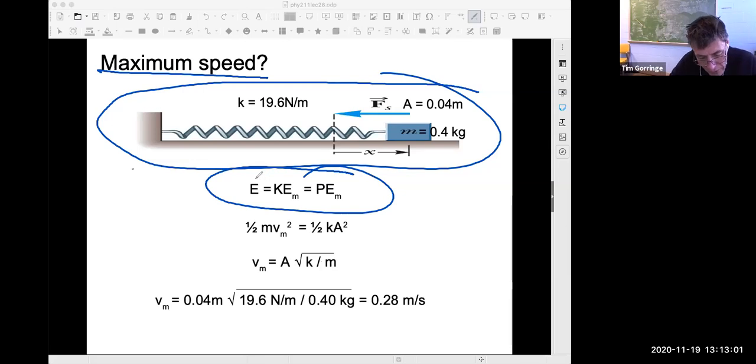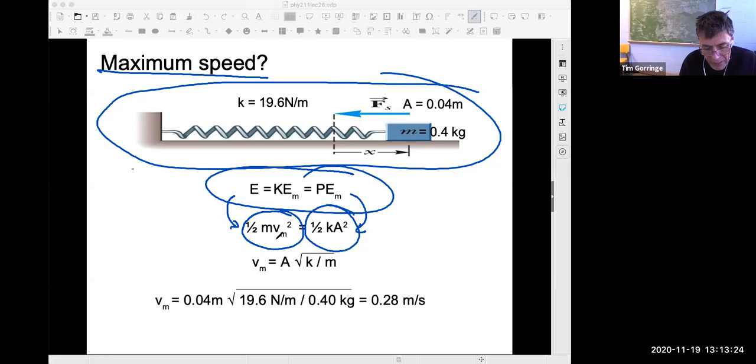So I started with that, and I filled in that expression for the maximum kinetic energy. I filled in that expression for the maximum potential energy. The maximum potential energy is when the spring is most stretched. It's a distance of its amplitude, the amplitude of the oscillations, from the equilibrium point.